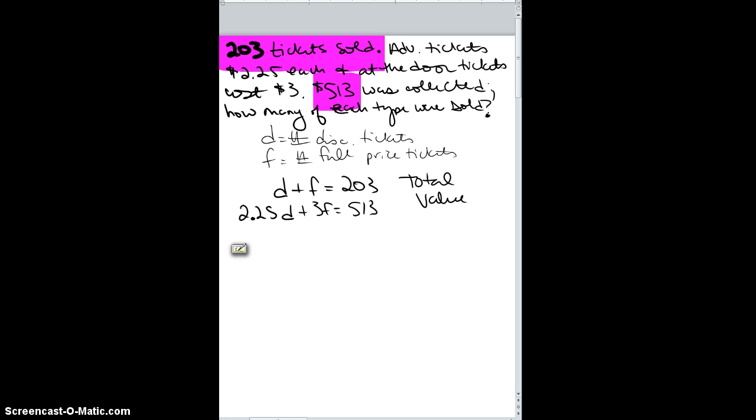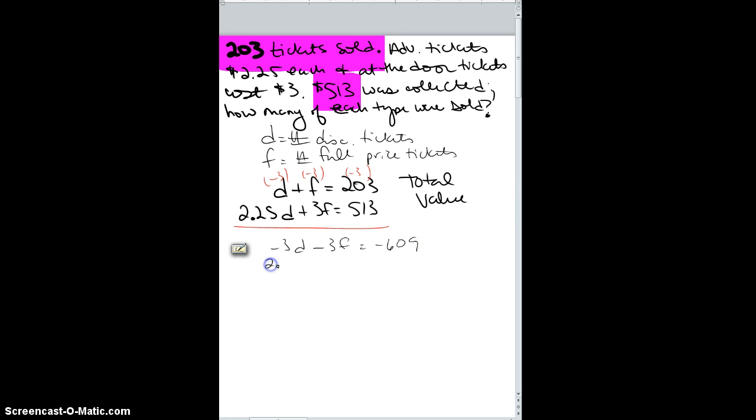All right, now, as far as solving this, then, I'm going to use the elimination method because they line up. I'm going to multiply by a -3 here. All right, and so when I do this, I end up getting a -3D, a -3F, and a negative, what, 609.